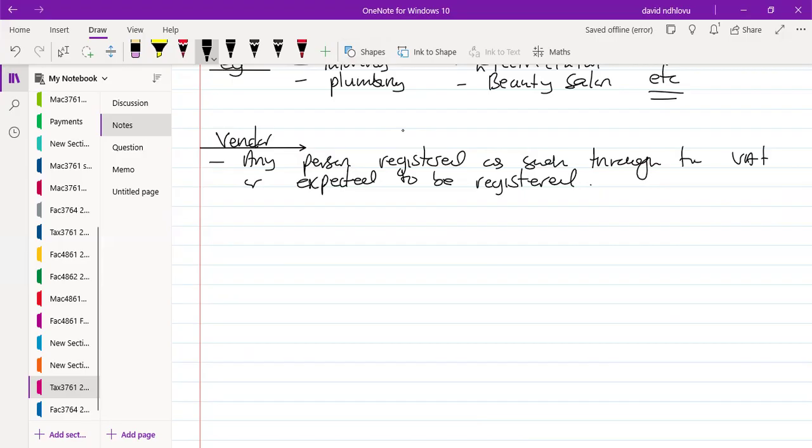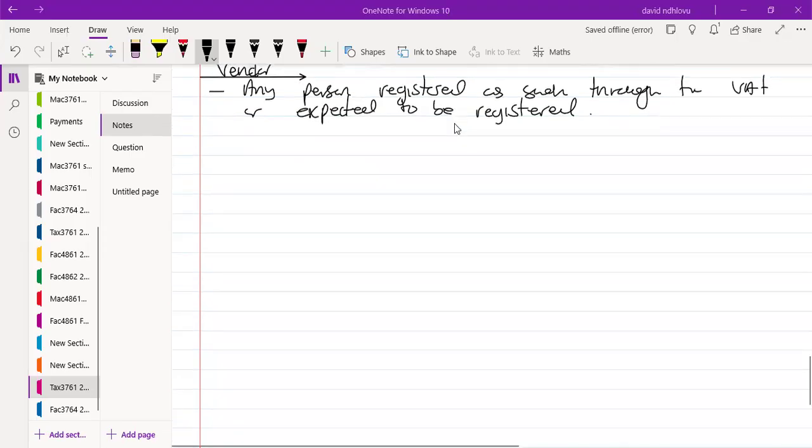Please mute, thank you. So any person registered as a VAT vendor through the VAT Act. There are two ways in which someone can register as a VAT vendor.